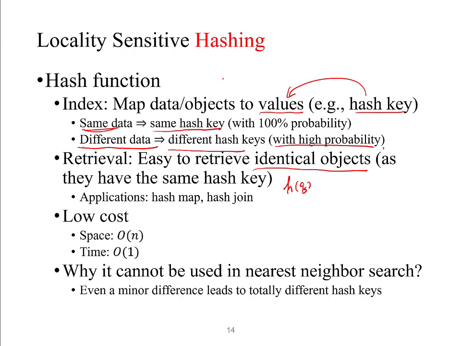Then we know whether we have the same object in the database or not. In a hash map, these are the keys, and we can change the values depending on our application.